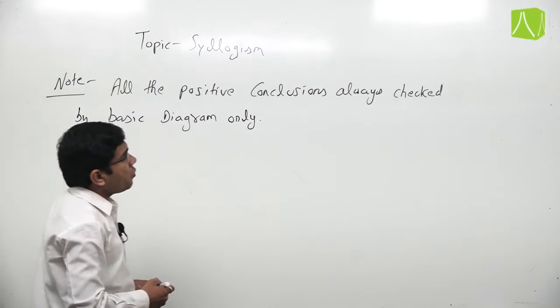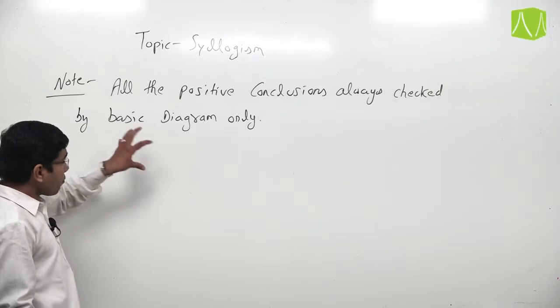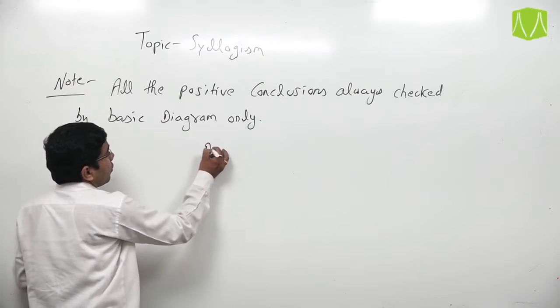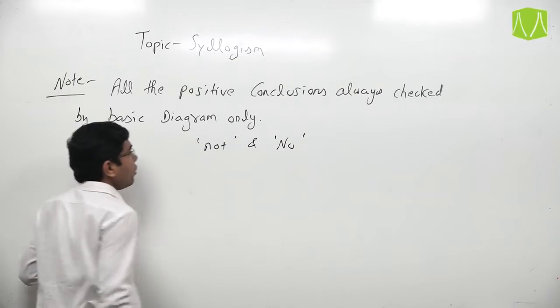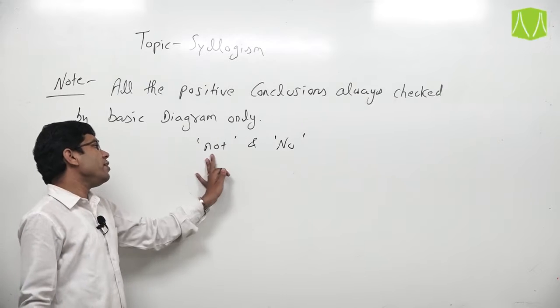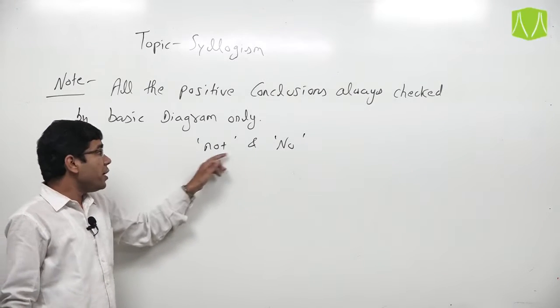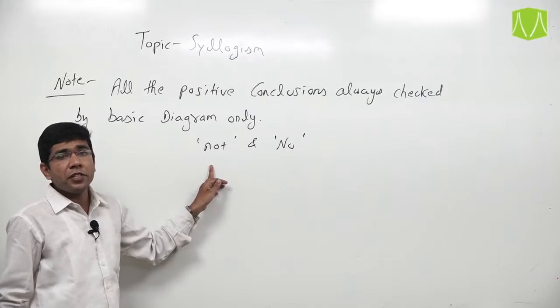If in the conclusion there is a not or no word present, then it is called a negative conclusion. But if there is no not or no word present, it is called a positive conclusion.